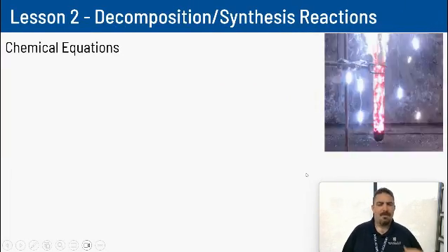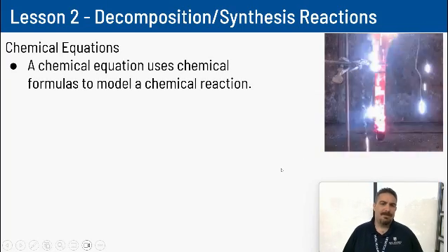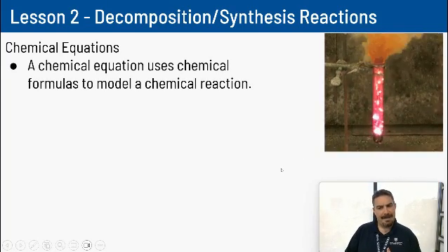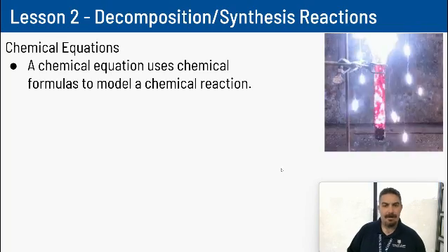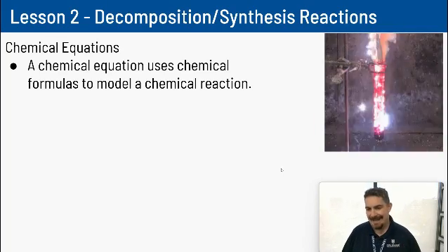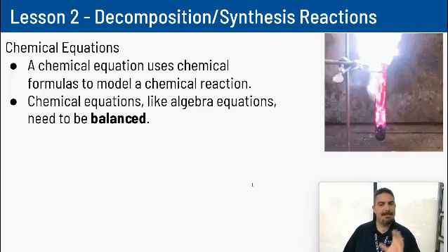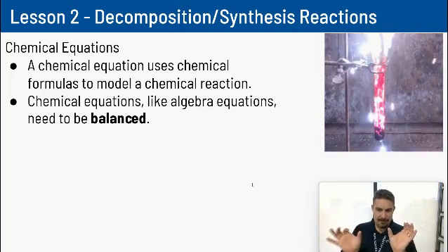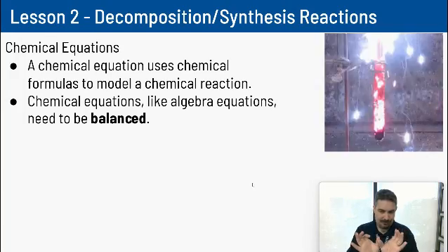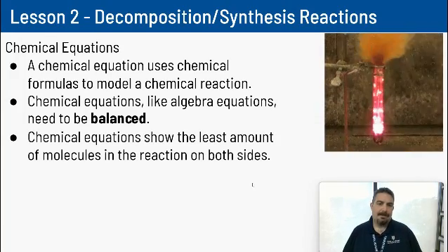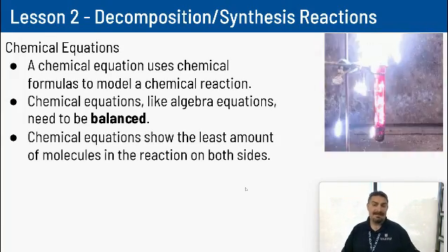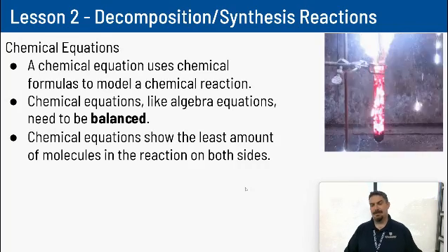Now, chemical equations. A chemical equation uses chemical formulas. Remember, we did H2O the other day to model a chemical reaction. And these equations, like algebra equations, need to be balanced, right? It's equal to something, and both sides have to match. These equations will always show the least amount of molecules in the reaction on both sides.